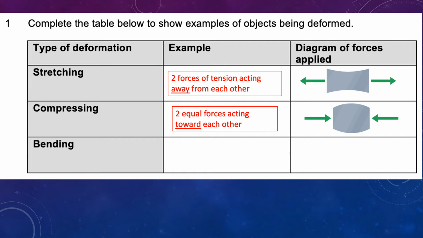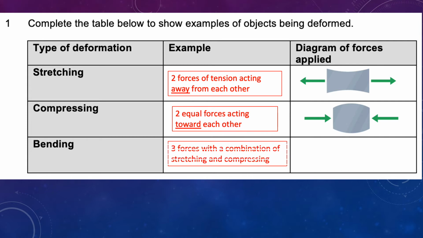The bending one is probably going to be the most confusing to describe because this one you're going to need a minimum of three forces, and it's a combination of both stretching and compressing.